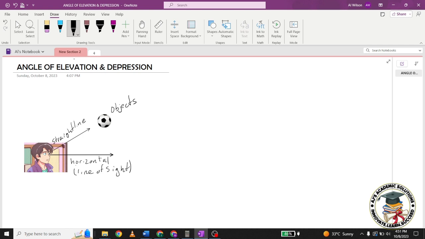But again, just remember this very simple thing. We have the observer, which is this guy I have here, his horizontal line of sight, a straight line looking towards the object, and finally, which is the most important part, this here is an angle, and this right here is our angle of elevation.